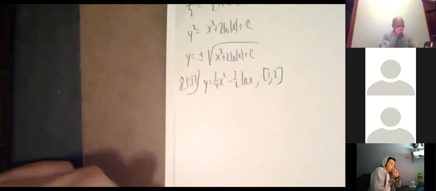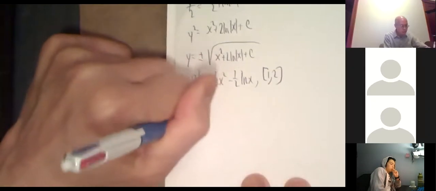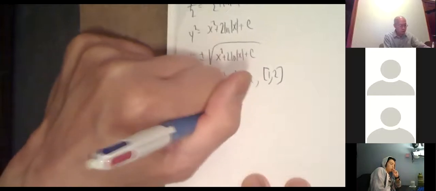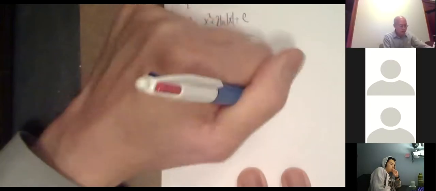Find the exact length of the curve. So dy/dx is 1/2 x minus 1/2 times 1 over x, which I'm going to write like that, or 1/2 x minus 1/2 x to the negative 1.